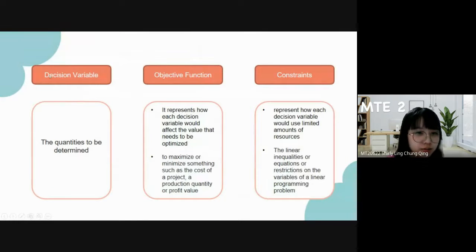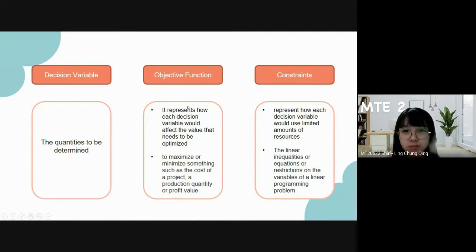What is decision variable? Decision variable is the quantities to be determined. For example, we let something to x and let something to y. What is objective function?